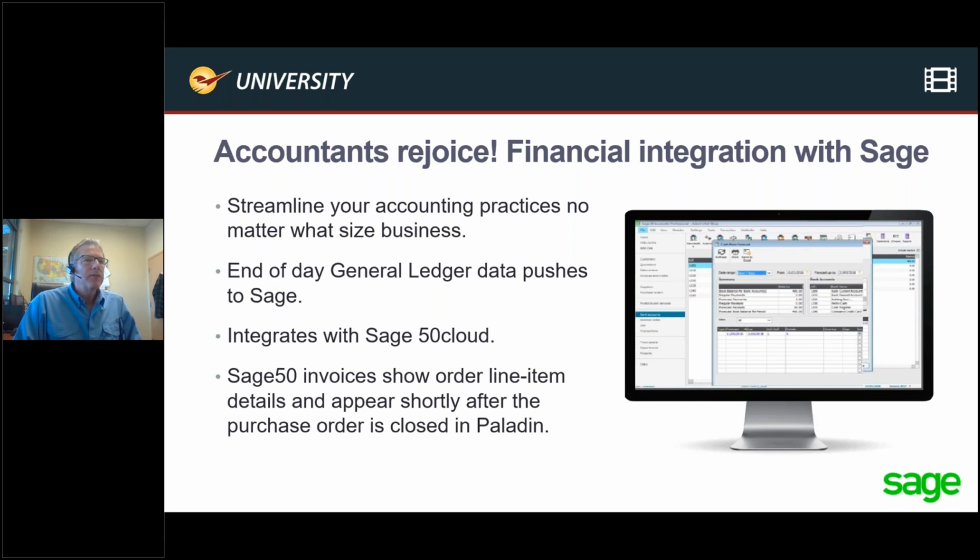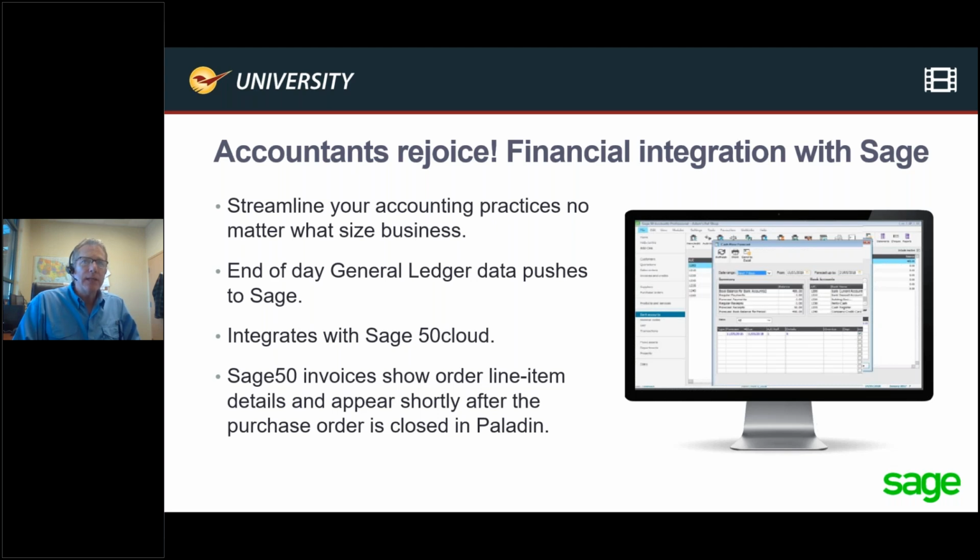This is a financial general ledger package and accounts payable solution, and it's really a great cloud-based system. We integrate with this 100%. So at the end of the day, all the roll-up information goes directly into Sage 50 Cloud.